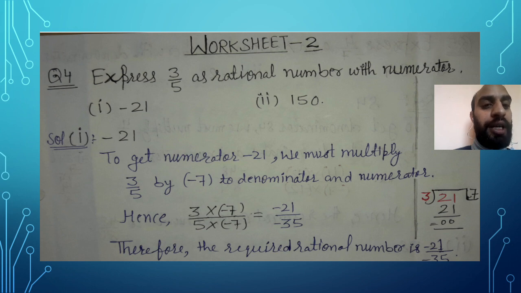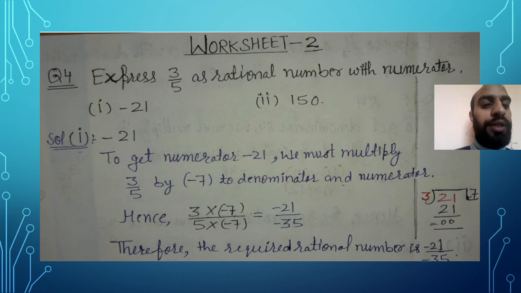This minus 7 is very important because in the answer it is given minus 21 and our numerator 3 is positive, so 7 is negative. So we need to multiply by minus 7 to the denominator as well as the numerator. Hence you can write 3 into minus 7 upon 5 into minus 7.